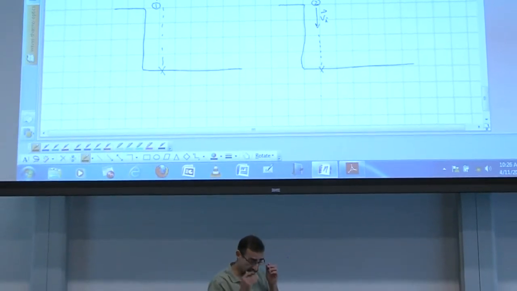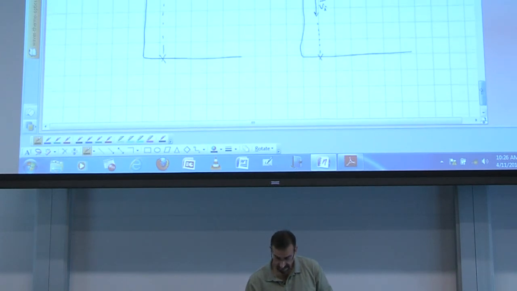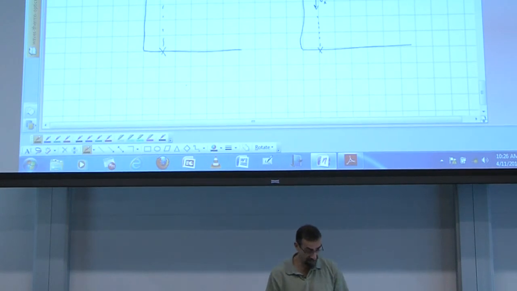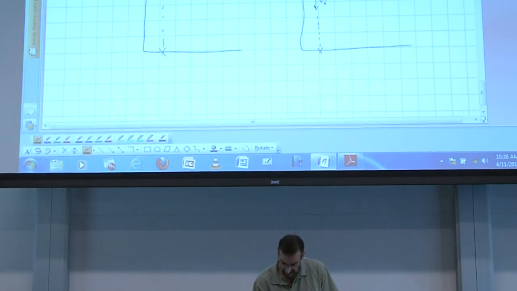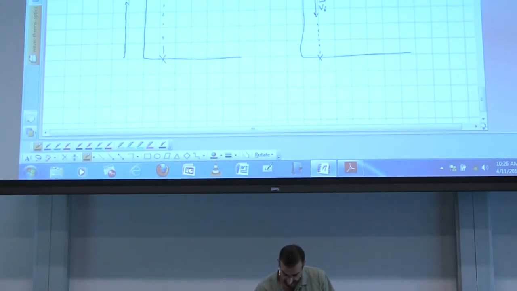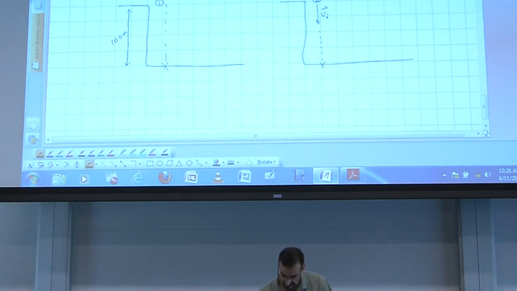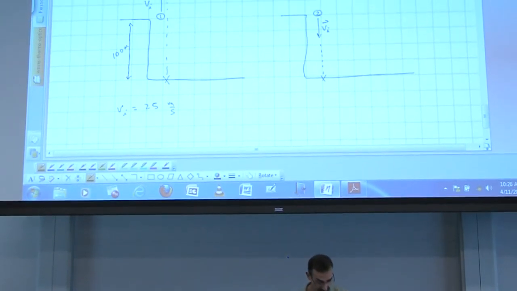What are we trying to find here? I'll give you some numbers, but we'll find V final. We'll make the height of our cliff 100 meters in both cases, and we'll make V initial 25 meters per second. We're going to ignore air resistance.